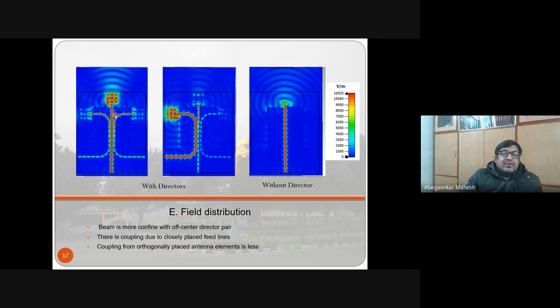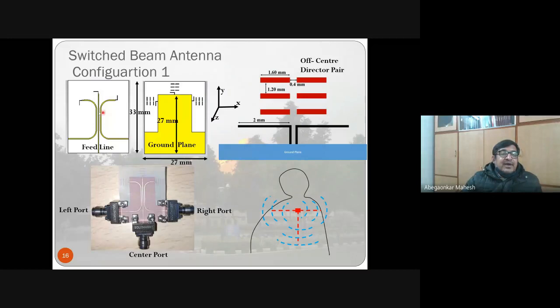Right? So in this case, the beam is more confined with the off-center director pair. There is coupling due to closely spaced field lines. If you look at the figure here, the field lines are very closely spaced. As a result, there is a small amount of coupling happening there. And coupling from orthogonally placed elements is less.